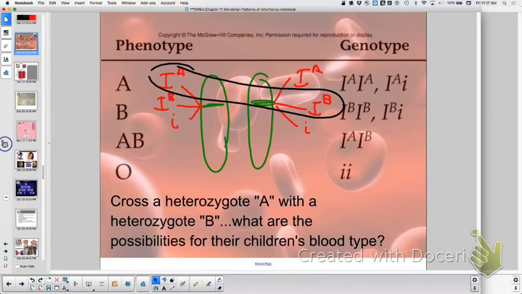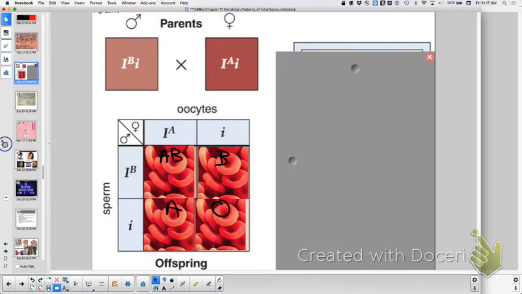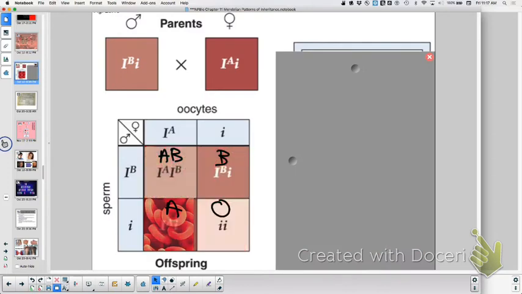Codominance is when both dominant allele possibilities are expressed, which can happen with big I A, big I B, and blood types. Okay, and then I had you cross a type A, type B, heterozygotes, and what you could get.